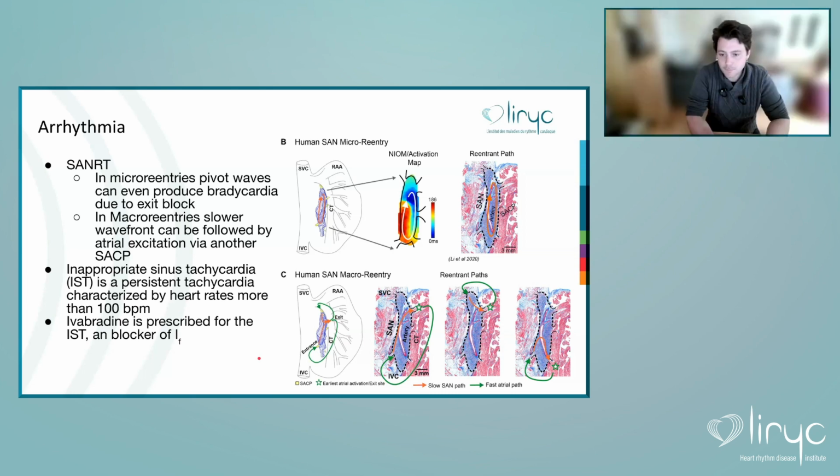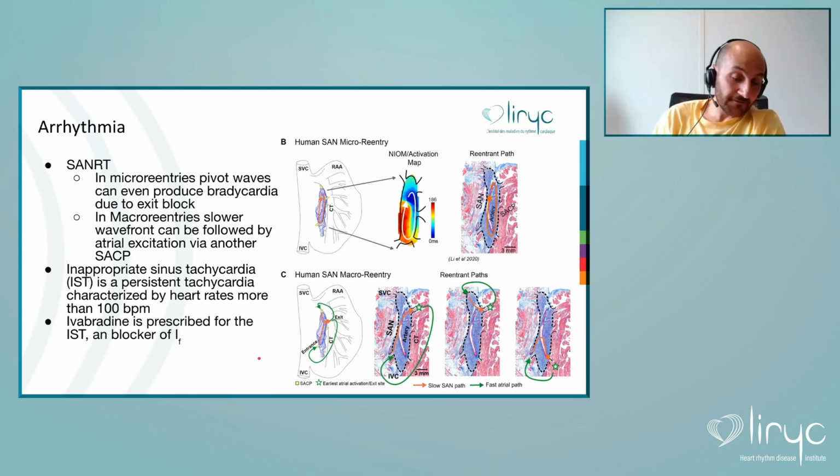As far as I can tell, first of all, atrial fibrillation is faster than the pacing of the SA node itself. The cycle length of atrial fibrillation is around 180 or 200 milliseconds, so it is faster than the SA node.